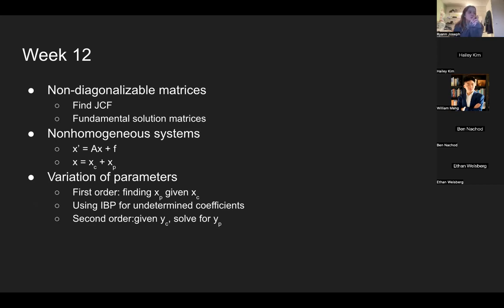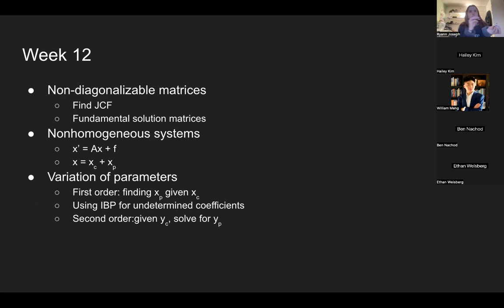We can use two different methods for non-homogeneous systems: variation of parameters or the method of undetermined coefficients. Variation of parameters is the method with the integral that hopefully you remember. I'll show it in a minute, but it's more generic, so you can always use it to find a particular solution.